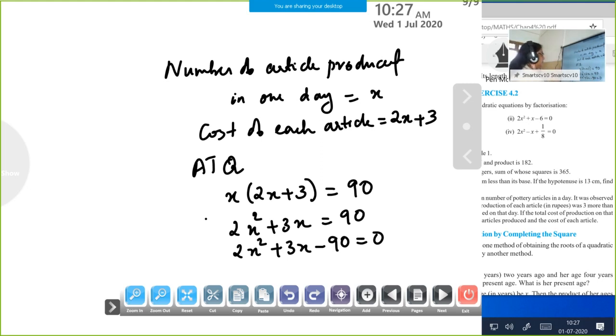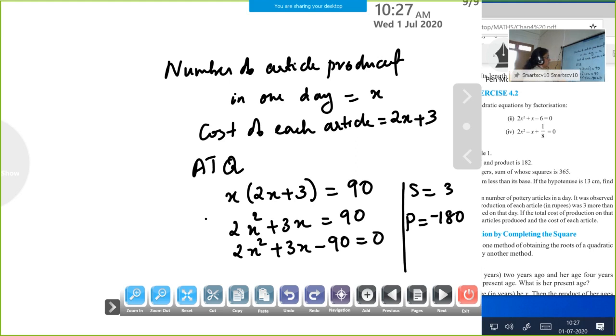Split the middle term. The sum is equal to 3 and the product is equal to minus 90 into 2, minus 180.